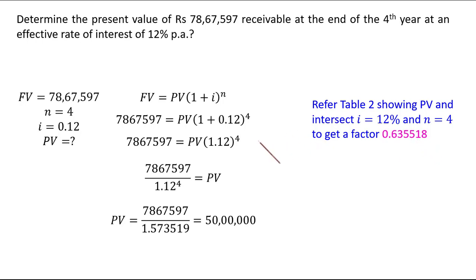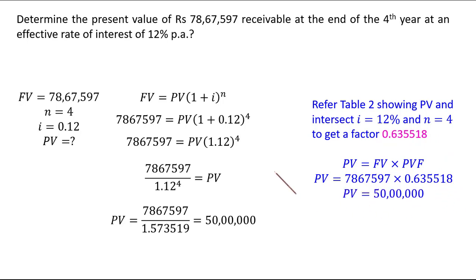And then you need to learn this formula. Present value is equal to future value into present value factor, which means the present value is equal to future value of 78,67,597 multiplied by this particular number, 0.635518. Just multiply the number and you get 50 lakh rupees.